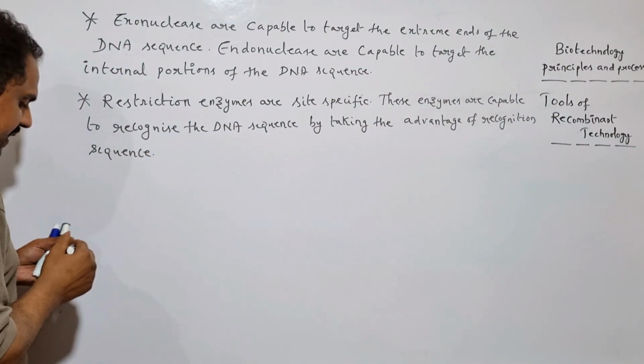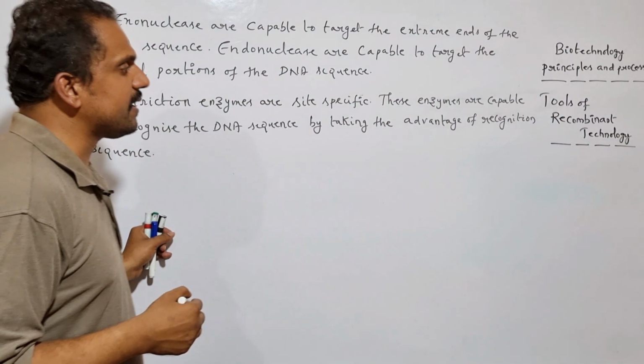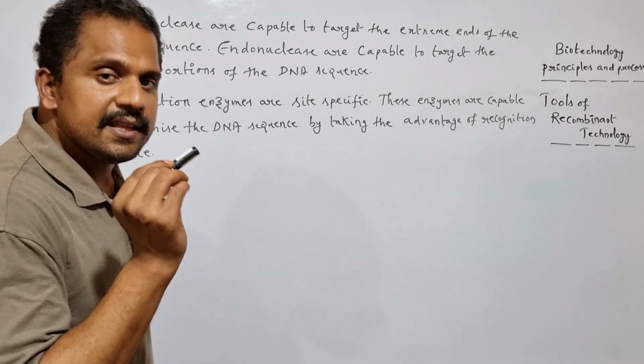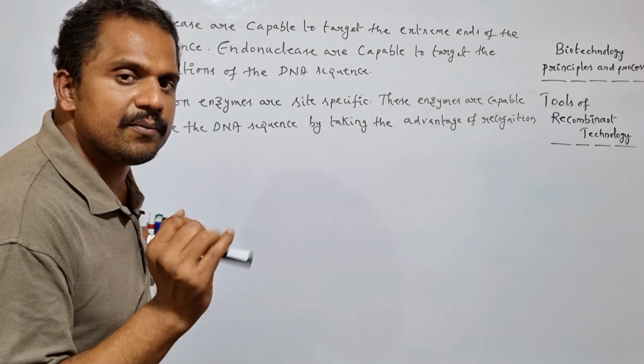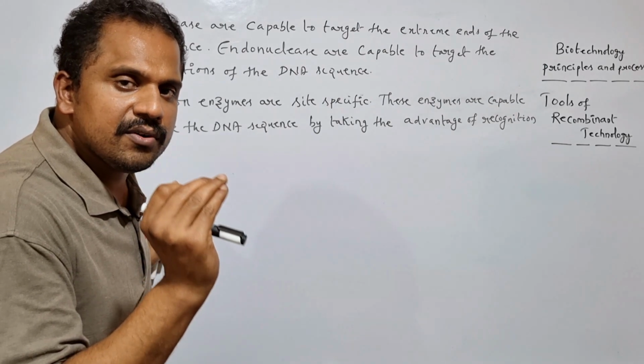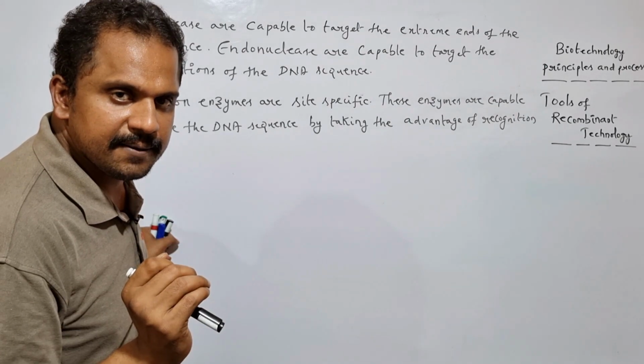So here once the restriction enzyme recognizes the recognition sequence, these enzymes are capable to cleave the sugar and the phosphate backbone which is present on both the single strands of the double-stranded DNA. Is it clear?